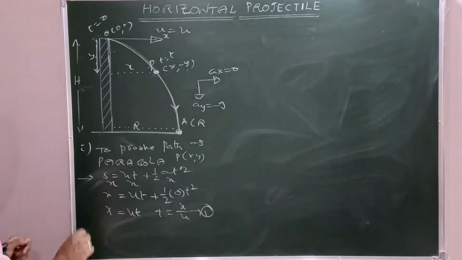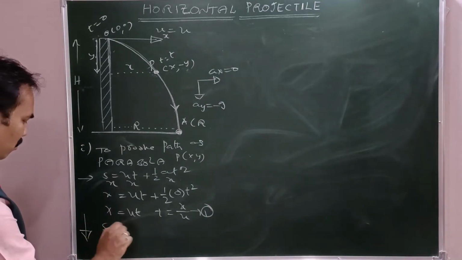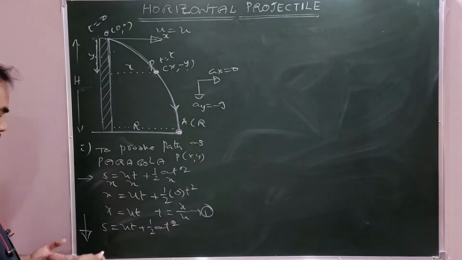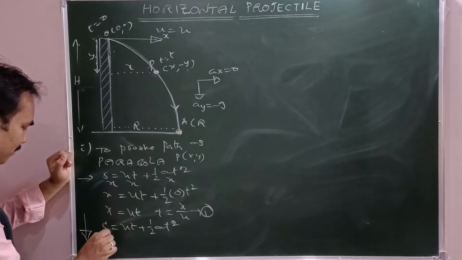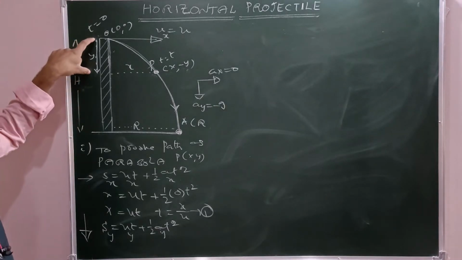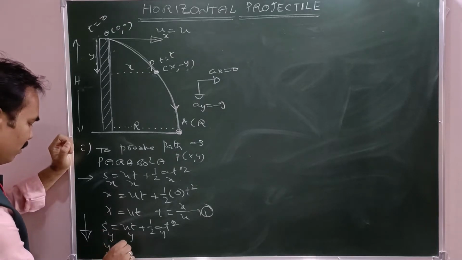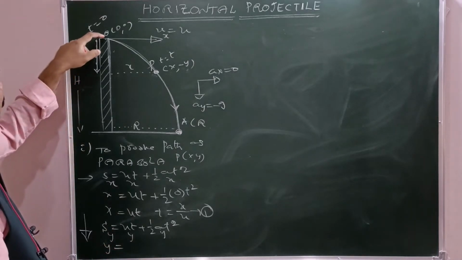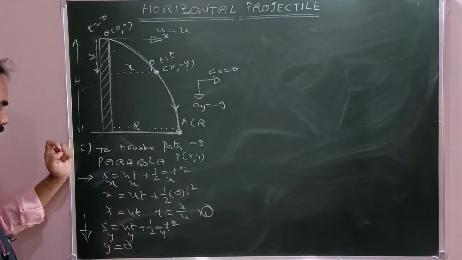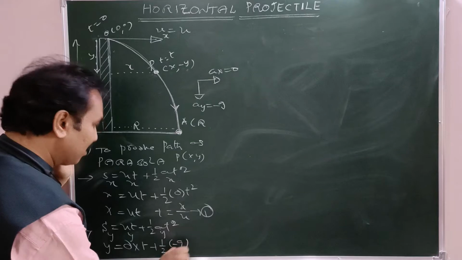Now take the same expression along negative y-axis, that is s equal to ut plus half at square. Apply along y-axis, that is sy, uy, ay. Sy means y displacement. Uy is the vertical velocity along y-axis at the point of projection, so uy is 0, into t, plus half of ay, which is minus g.